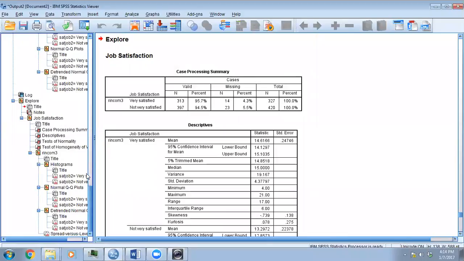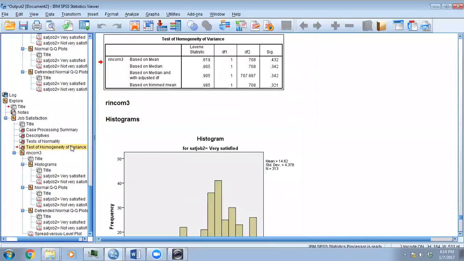I'm just going to go to the test of homogeneity here. Now all the p-values are greater than 0.05, so they are not significant, which means that we have satisfied the assumption of homogeneity of variance, which means that the variances are equal across all groups.